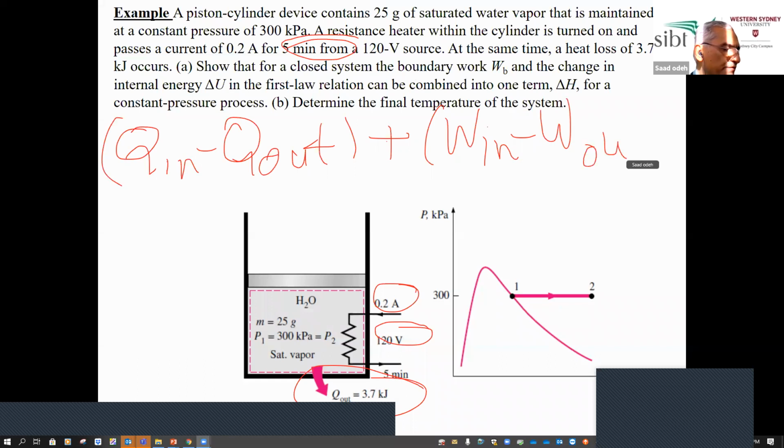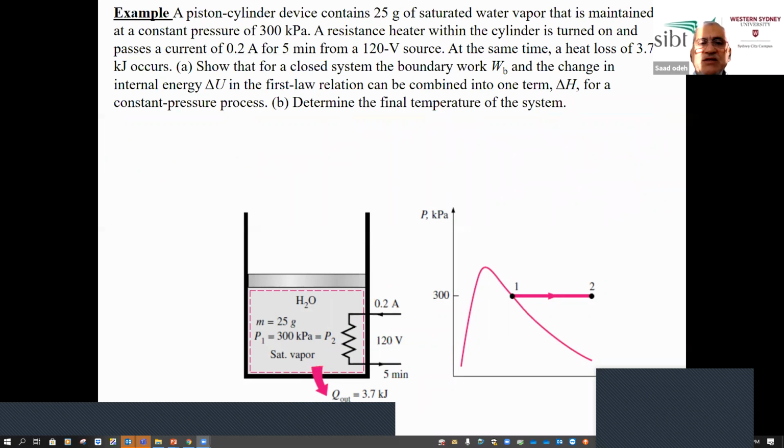This must equal the change in internal energy of the system. Yeah, correct. So we have to add all the amount of Q in the system, whether it's in or out, and also all the work in the system, whether it's in or out. Of course, plus it should equal the delta E. Okay, so go back again to the question.